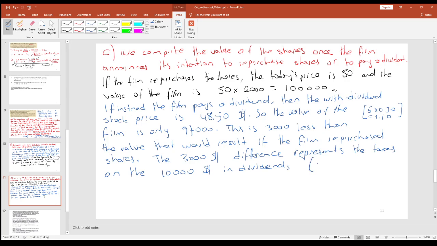Well, $5 cash dividend per share over 2,000 shares will be equal to $10,000. Okay?